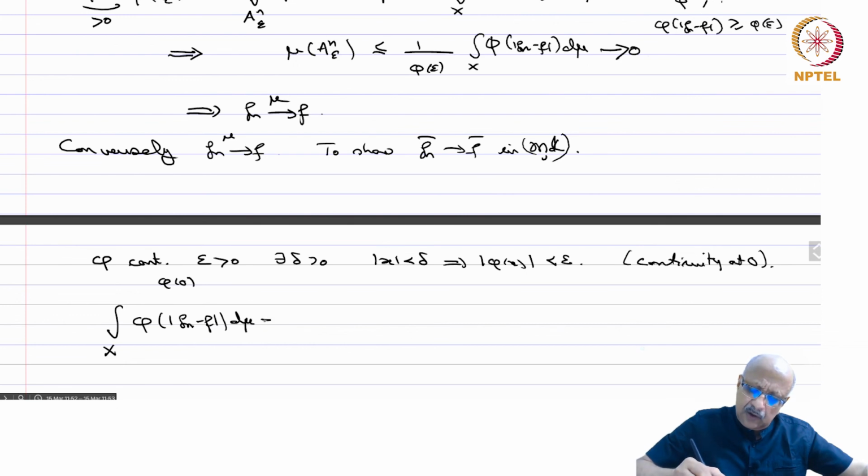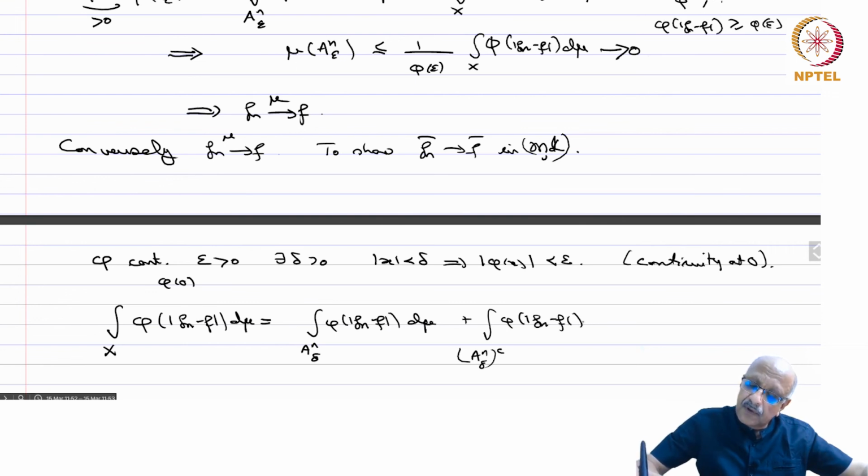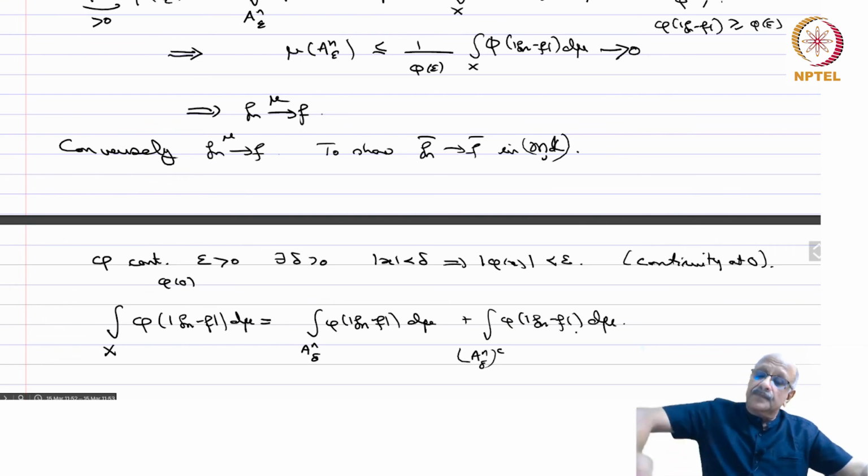Again we are going to use the divide and rule. So this is equal to the integral over A_n delta of phi of mod f_n minus f d mu plus the integral over A_n delta complement of phi of mod f_n minus f d mu.